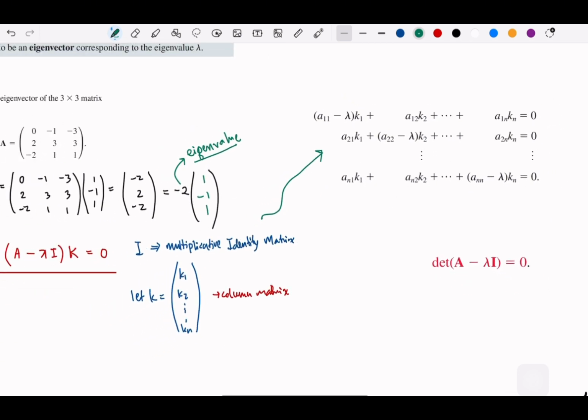And finally, since this is homogeneous, and we already have our definition on homogeneous, let me write this is homogeneous.